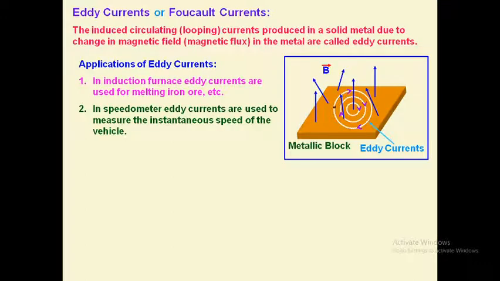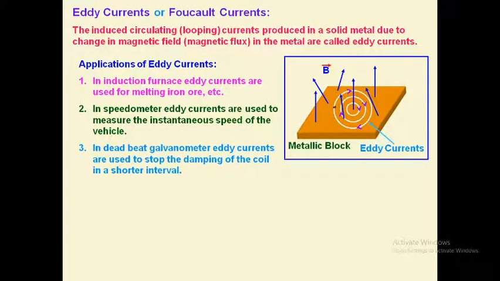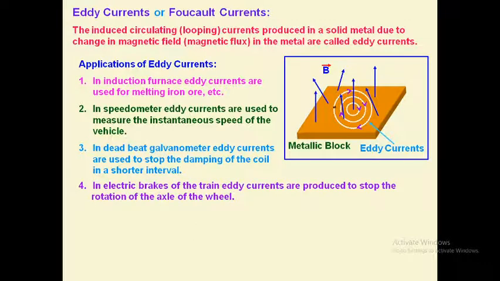In the speedometer also, eddy currents are used for measuring the speed of a vehicle. In a deadbeat galvanometer, eddy currents are used to stop the damping of the coil in a shorter interval. Point number 3 you will understand well when you study the galvanometer later on. Then in electric brakes of the train, eddy currents are produced to stop the rotation of the axle of the wheel.